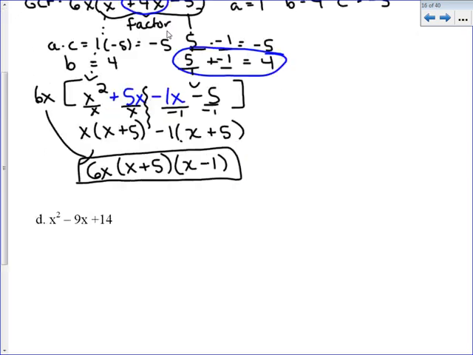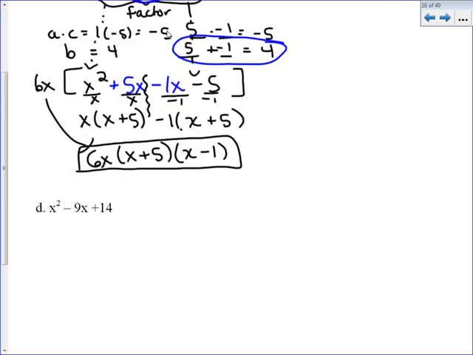Alright, so let's look at x squared minus 9x plus 14. So, GCF? No. So, let's go for A, B, and C. Since it's a trinomial, the only time you use this method is when there's 3 terms. So, A is 1, B is -9, and C is 14.